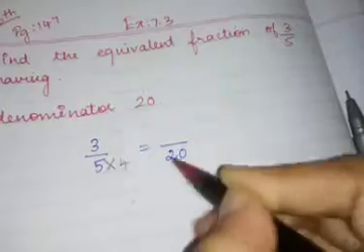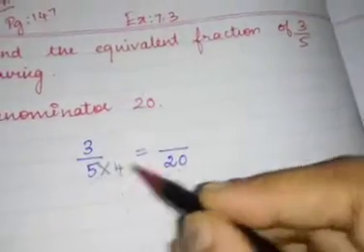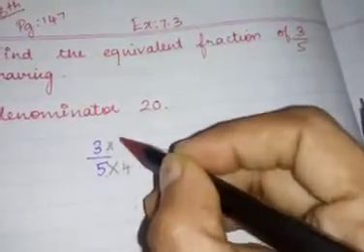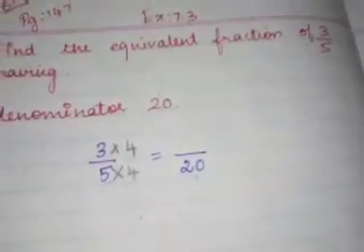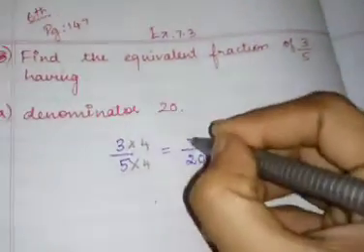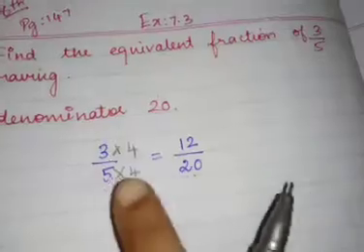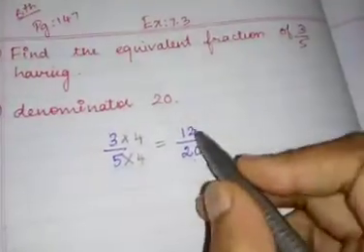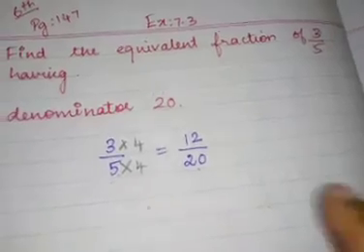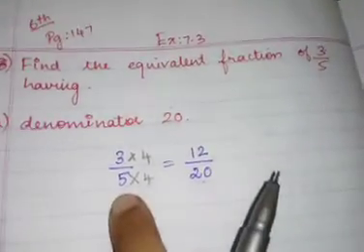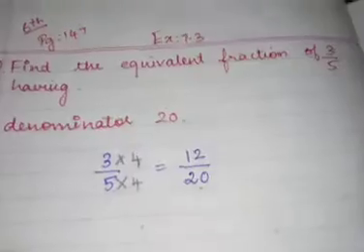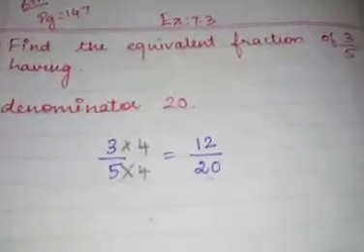5 fours are 20. So if you do it in the denominator, you should do it in the numerator also. So 3 fours are 12. So 12 by 20 is the equivalent fraction of 3 by 5 with denominator 20. You can write like that also, no problem.